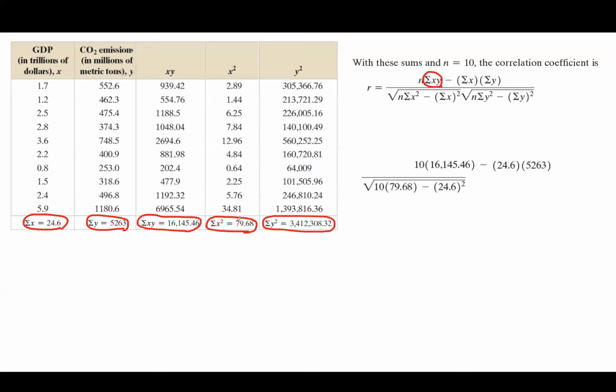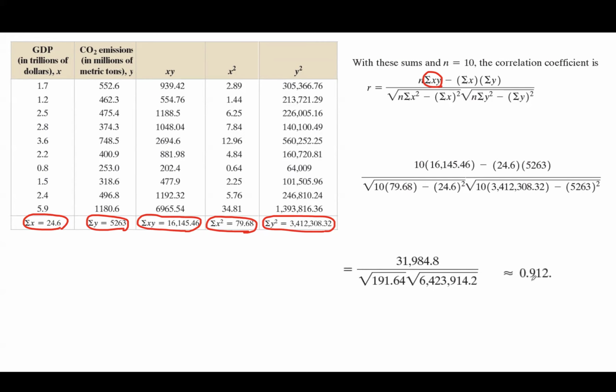The summation of x squared is 79.68 that you can see just right here, minus the summation of x to power 2. So here you have 24.6 raised to power 2. And the second square root can be calculated as well. Further calculation shows that this number is 0.912 or 91.2%.